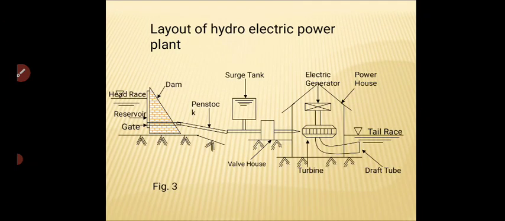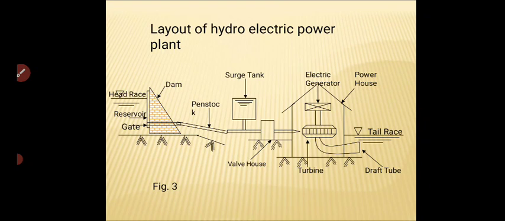Okay, observe this layout of hydroelectric power plant. You may observe the main parts of the hydroelectric power plant and the layout. The main elements or parts of the hydroelectric power plant are dam, tunnel, forebay, surge tank, valve house, penstock, powerhouse, draft tube and tail race.